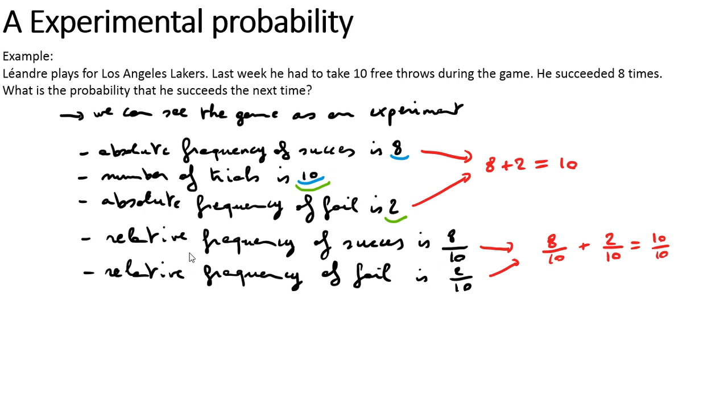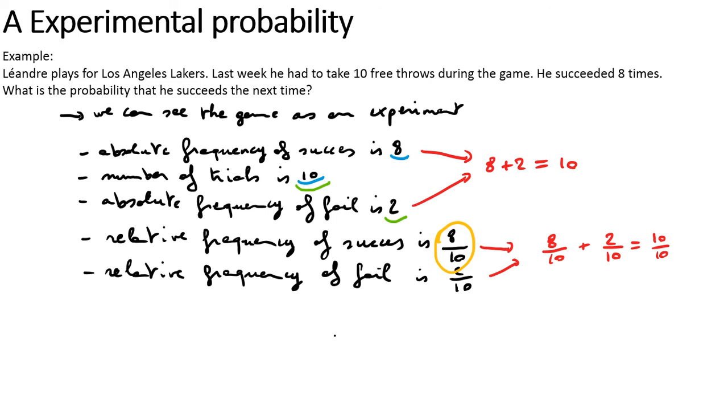Here we find out that the relative frequency of success is 8 out of 10. And they ask the probability that he succeeds the next time, so we say that it's equal to 8 over 10. In other words, we use the relative frequency in this experiment to estimate the probability of the corresponding event.